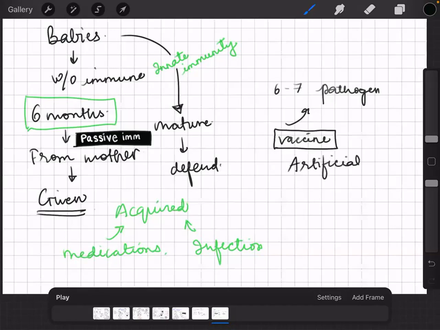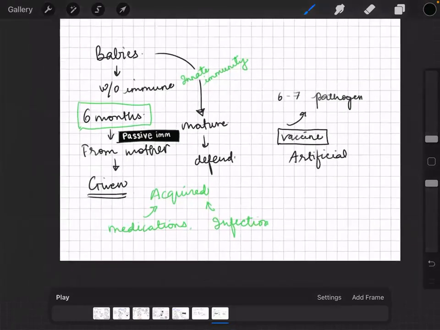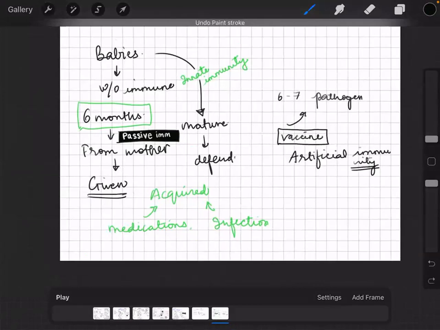Why? Because this immunity was not made by your body or was not given to you by your mother, but it was artificially injected inside you, and therefore it is called artificial immunity. Artificial immunity or vaccines are not made inside human bodies, they are prepared in labs, and that is very important that you understand.